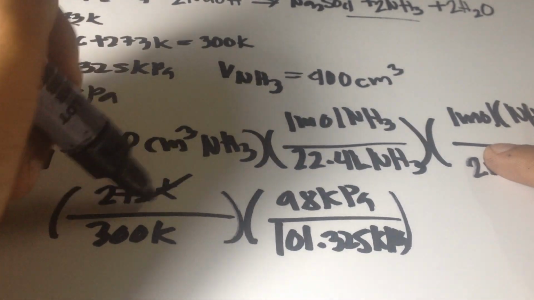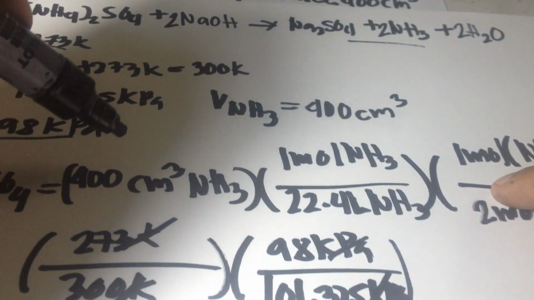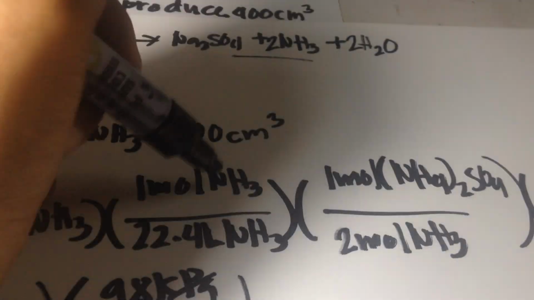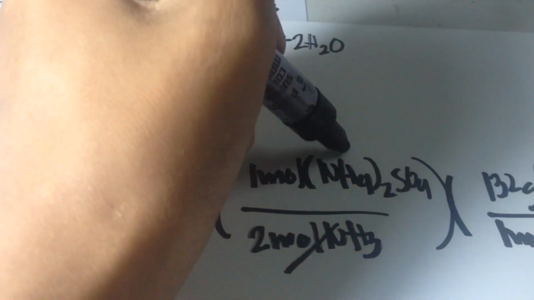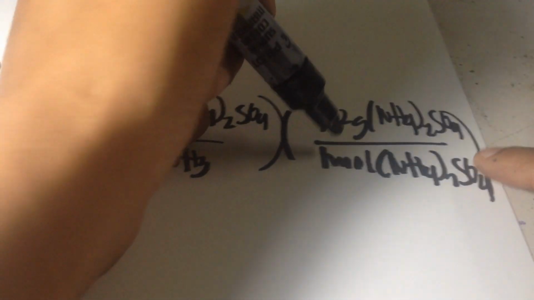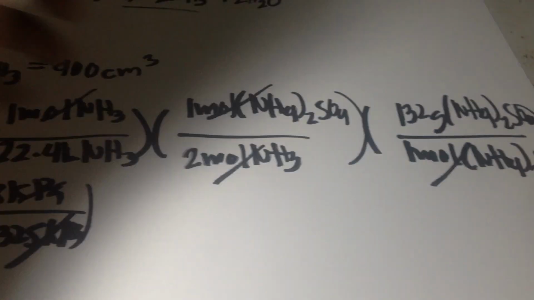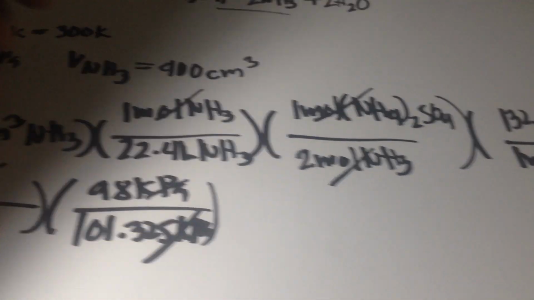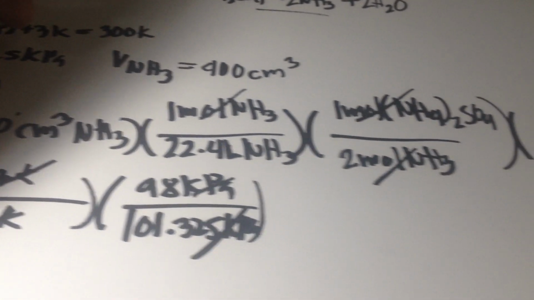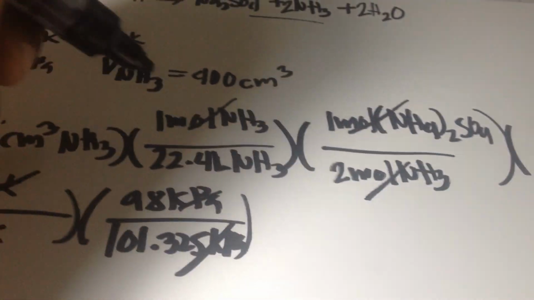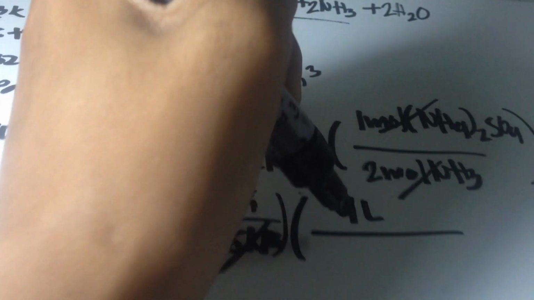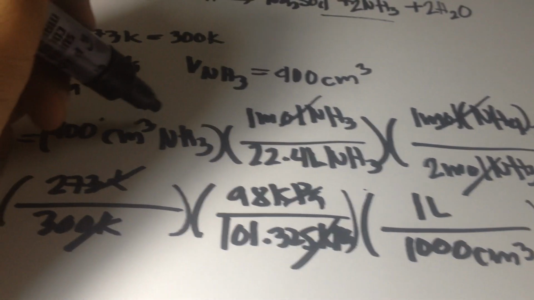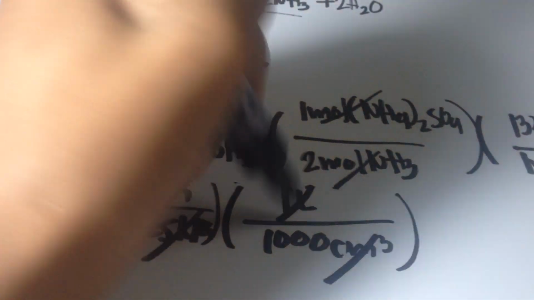So you cancel out the Kelvin, kilopascal, and the moles of ammonia and the moles of ammonium sulfate, and the grams are left. There is a cubic centimeter here, so convert liters to cubic centimeter. In 1 liter we have 1000 cubic centimeter. So cancel out the cubic centimeter and the liters.